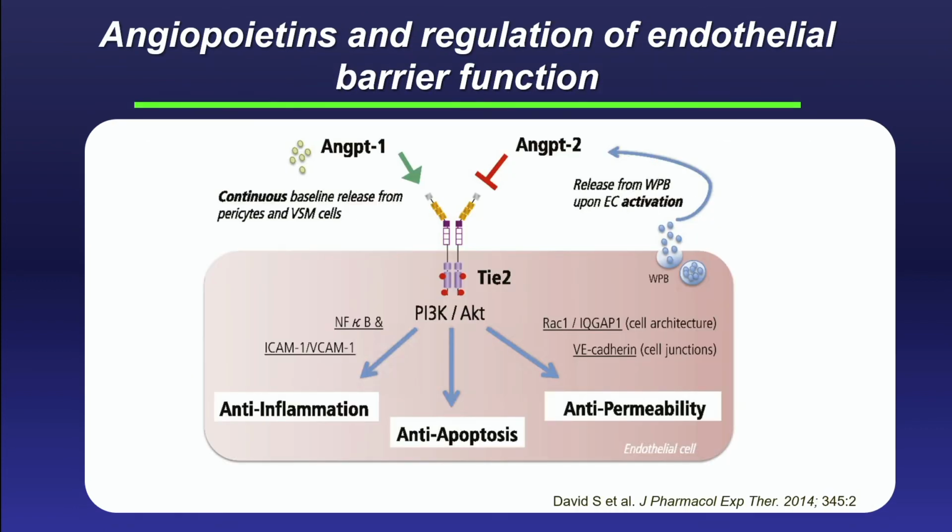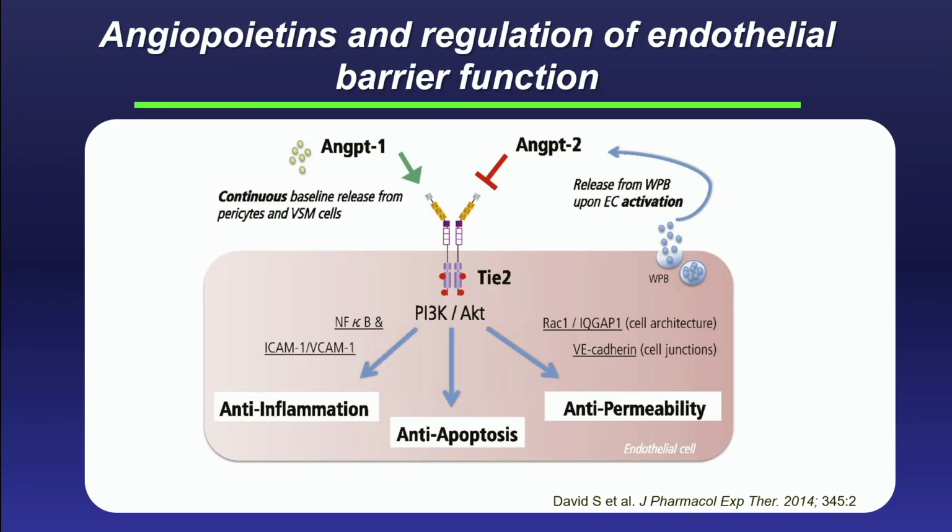Briefly, I just want to talk about the biology of angiopoietins. So here's a cartoon of an endothelial cell. The Tie2 receptor is a cell surface phosphorylated tyrosine kinase receptor. There's 2 real natural ligands for it, angiopoietin 1 as well as angiopoietin 2. Ang1 is released by pericytes as well as platelets, and oftentimes during states of health, it's quite elevated, binds to the Tie2 receptor, and leads to endothelial stability.